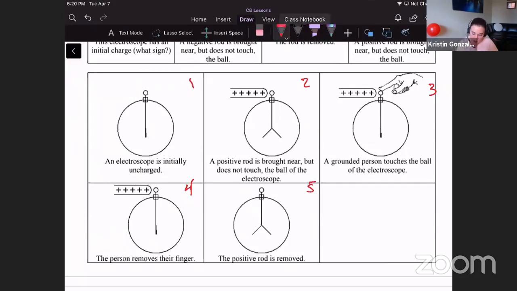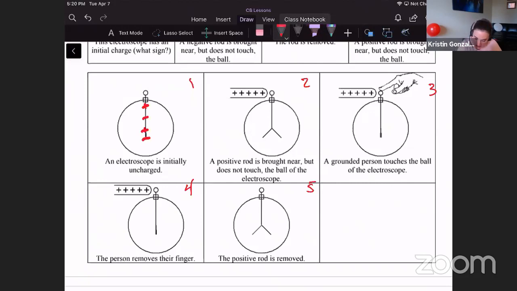Okay, so we know it's uncharged. That means there are positive and negative charges evenly distributed throughout here, so there is no force of attraction or repulsion between those leaves. They're just hanging there due to gravity, like mine was right now. But we bring that positive rod towards it and those leaves separate. So what does that mean?